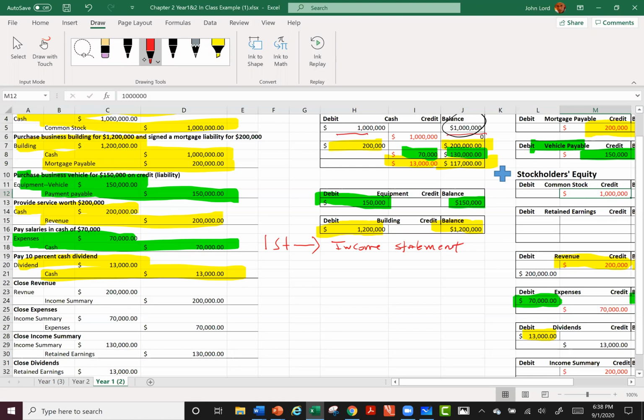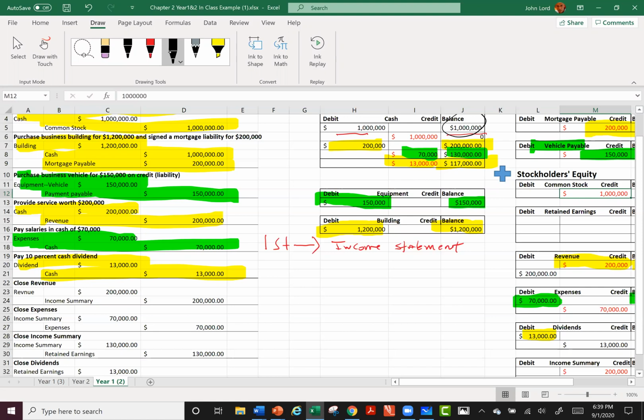Why do they call it the income statement? It shows the net income. Good. And how do I calculate net income? Revenue minus expenses. Good, so on the income statement, I have to show my revenues minus my expenses so I can show my net income.